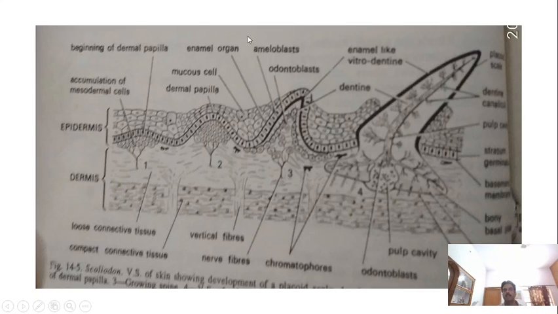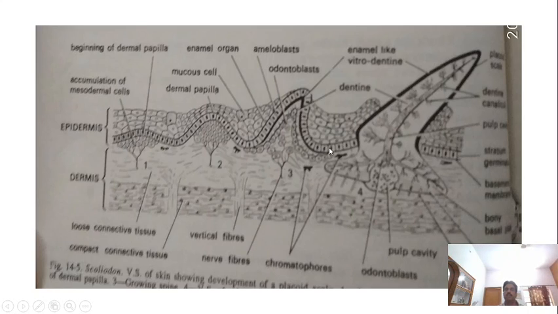These are the cells, ameloblasts, and the outer layer is known as dentine, or the outermost layer of the scale is enamel-like vitrodentine.